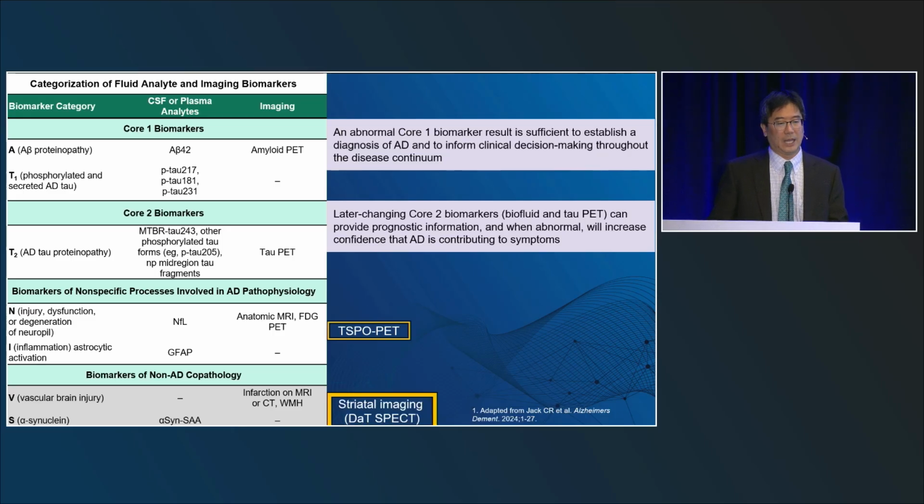So an abnormal core one biomarker result is sufficient to establish a diagnosis of Alzheimer's disease and to inform clinical decision-making throughout the disease continuum. Amyloid PET is a core one biomarker. Just for further detail, the core two biomarkers are later changing ones, and that is where tau PET comes in.